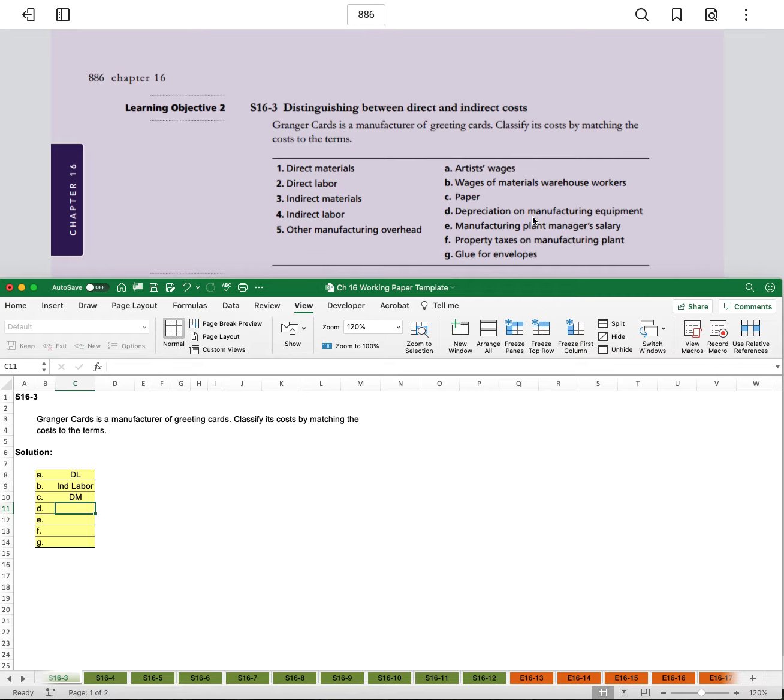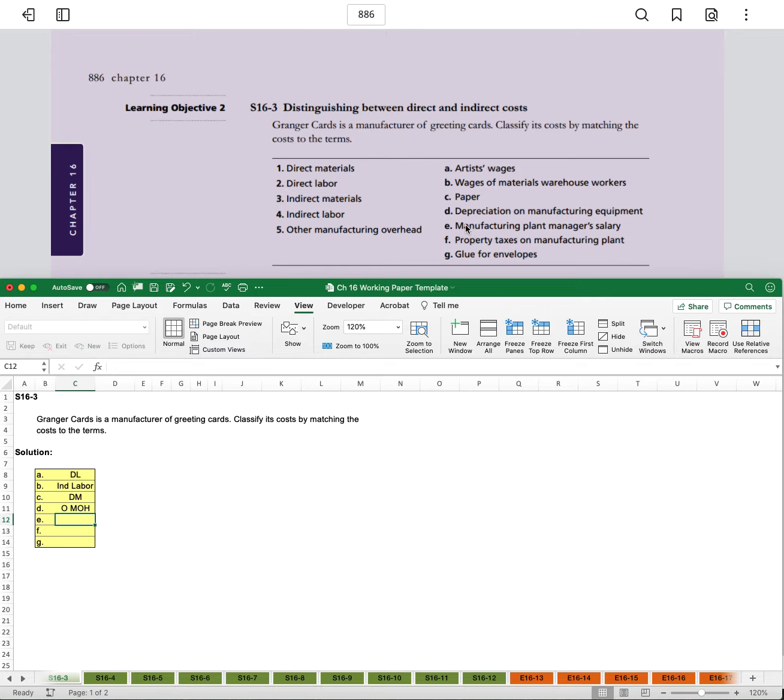Depreciation on the manufacturing equipment, and that's not labor, it's not materials, so that's going to fall into our other manufacturing overhead. Manufacturing plant manager's salary. So this is labor again, but the plant manager isn't working on one particular card at a time where we could tie that person's wage to the particular cards.